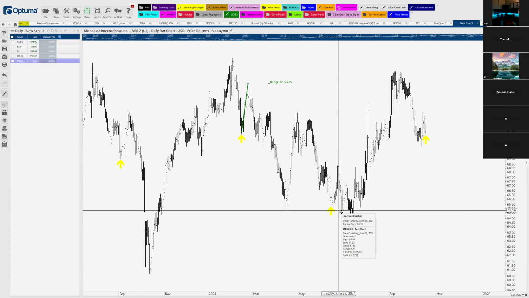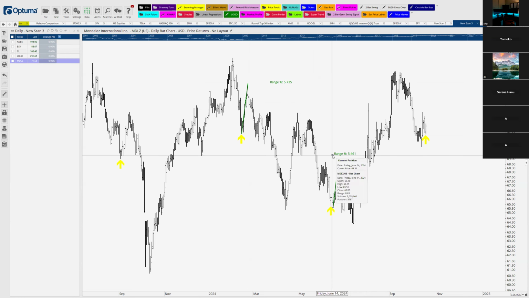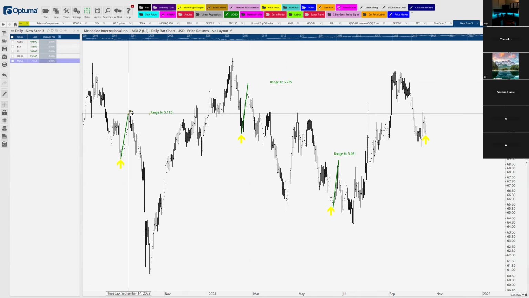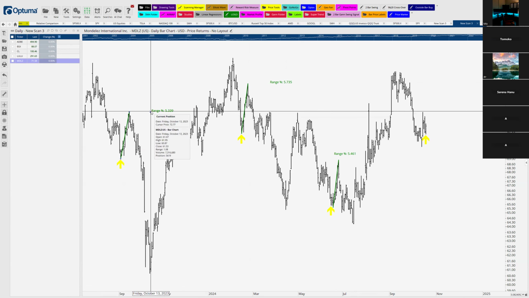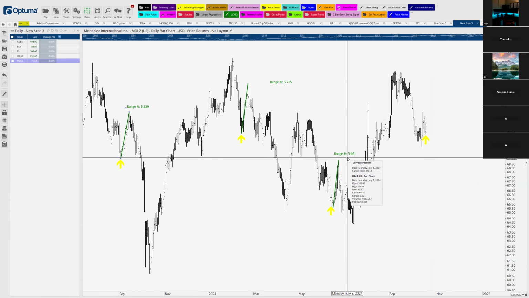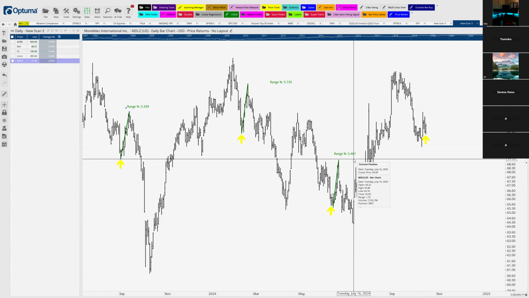5.7% here, 5.4% here, 5 point, you see, like this signal right there, now you can say it has a pretty good chance to hit another 5% upside because I've done it like 3 times. But it doesn't mean that it's gonna happen.